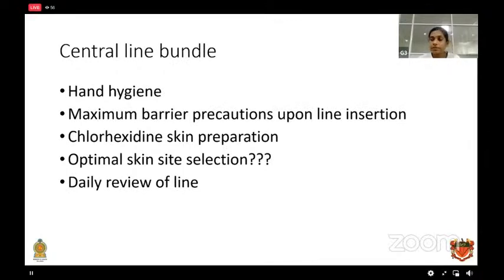Since I don't have time, I'm going to skip this slide, but you have to adhere to sterile precautions when you are handling the VASCAT and the peritoneal dialysis catheter also.